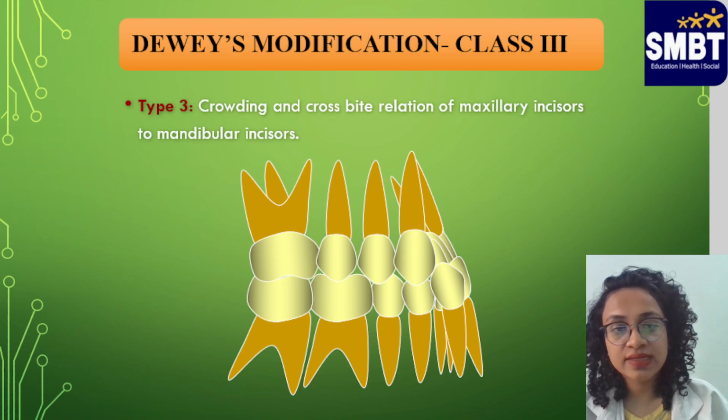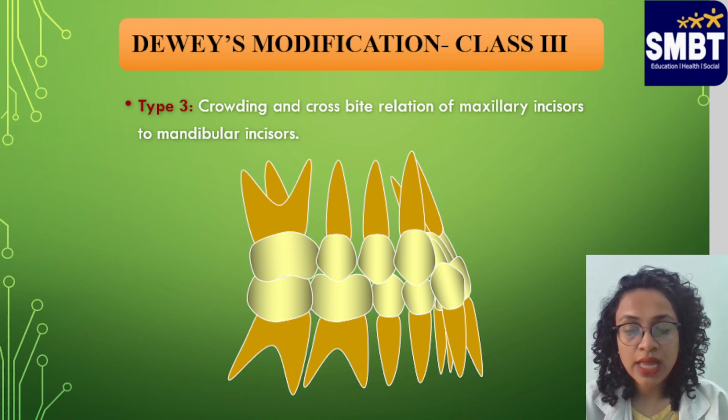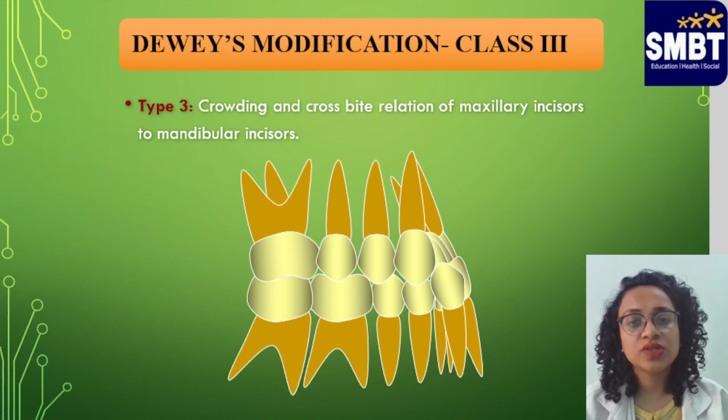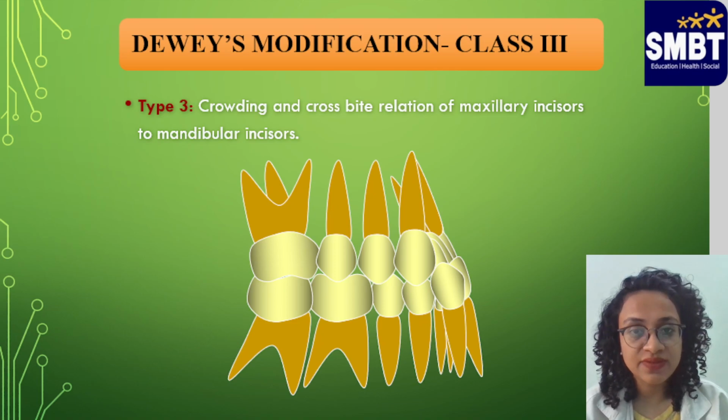Again we can see there is a class 3 molar relationship here, and there is crowding in the upper arch or the maxillary incisors, and they have a crossbite relationship or they are lingually placed as compared to the lower incisors. So just to brush up, in Engel's classification of malocclusion, in class 1 there are 5 Dewey modifications, in class 2 there are none, and in Engel's class 3 there are 3 Dewey modifications.